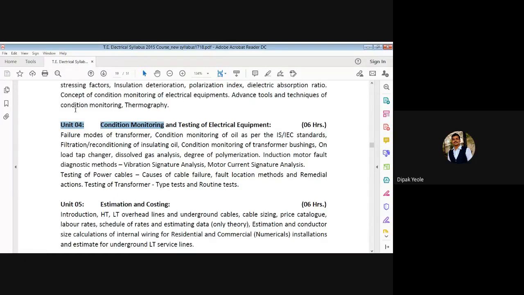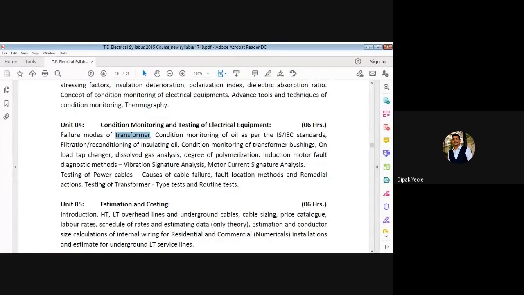We are interested mainly in the transformer, and one can say that after doing the maintenance of a transformer, our substation or our switchyard can work effectively and satisfactorily. That is the need to do the condition monitoring of the transformer.